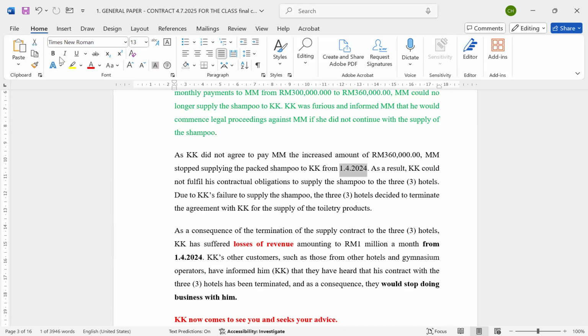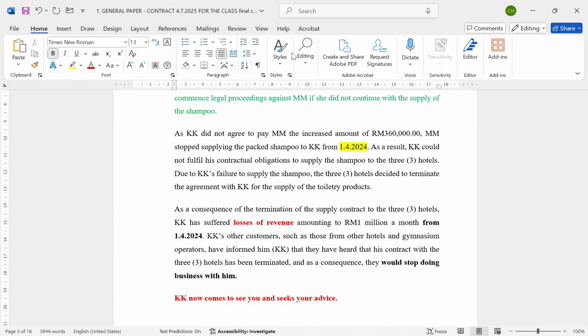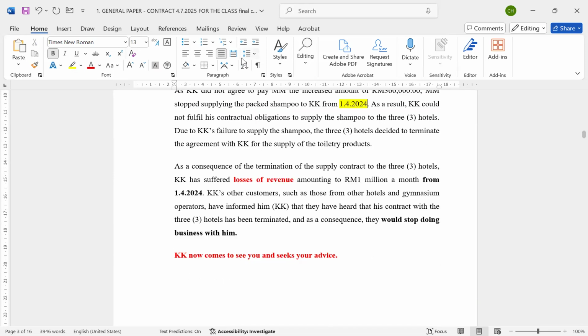As a result, because there is no supply, KK cannot fulfill his contractual obligations to the preceding contracts that he had entered with the third parties, the three hotels. So as a direct result, the three hotels terminated the agreement with KK for the supply of toiletry products.